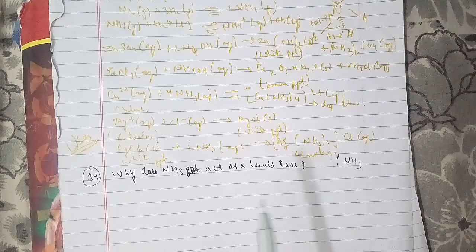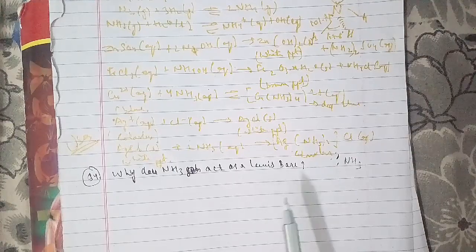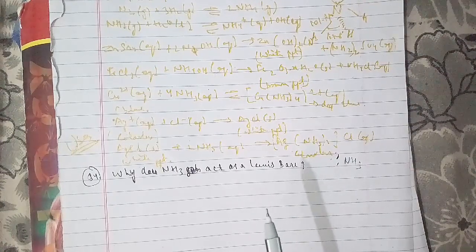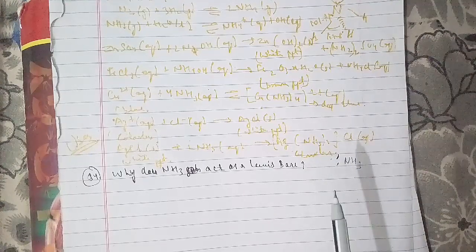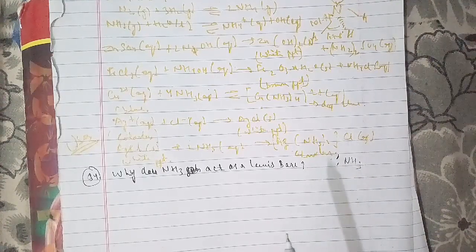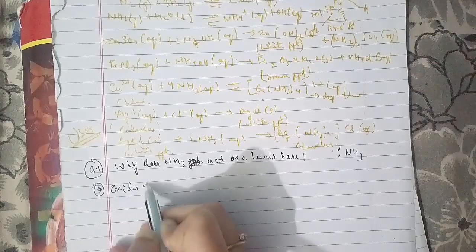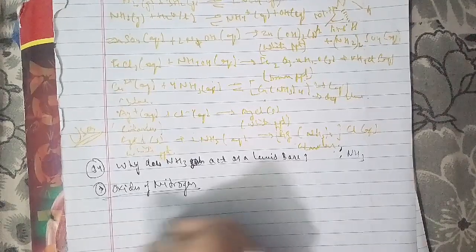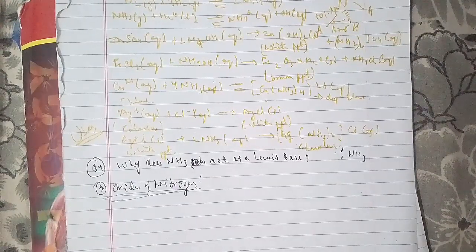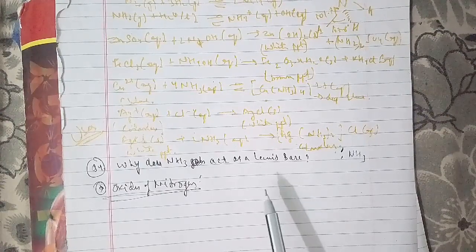So here we go ahead with the detail. The first we have is dinitrogen oxide, known as nitrogen 1 oxide. The formula is N2O. Oxidation state of nitrogen is +1.